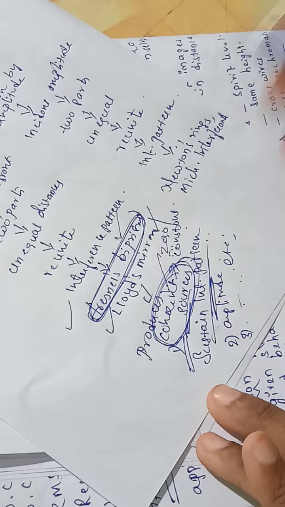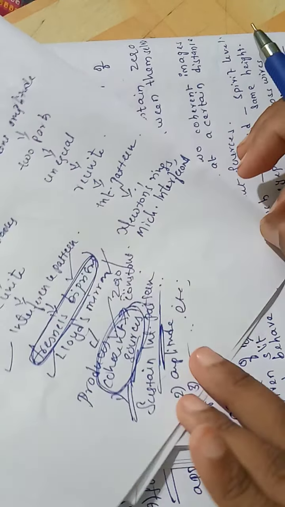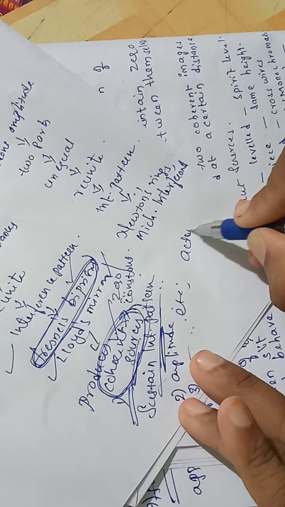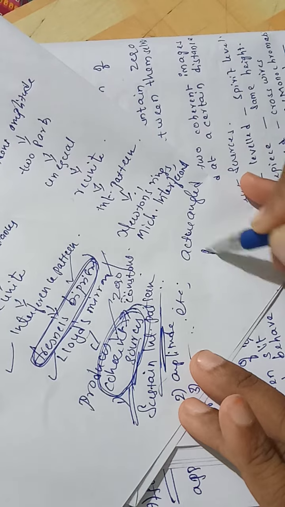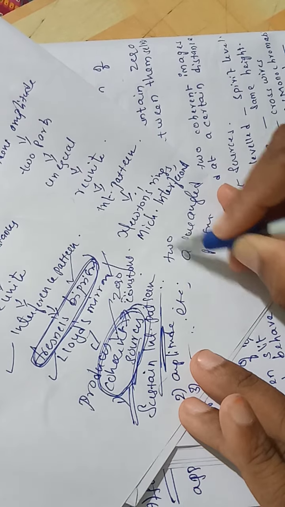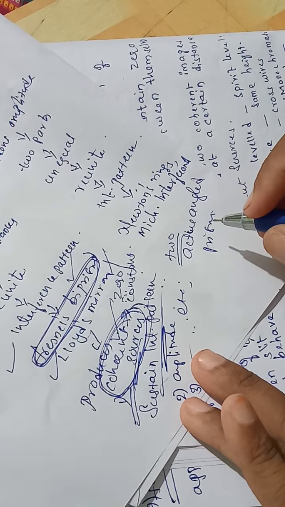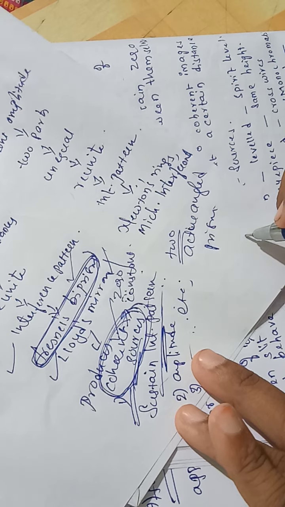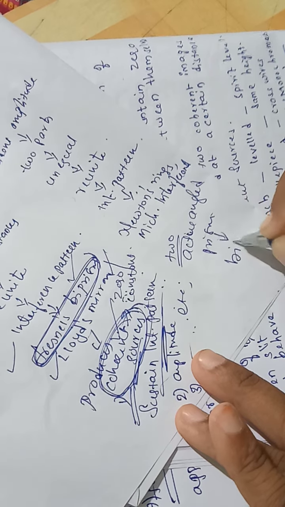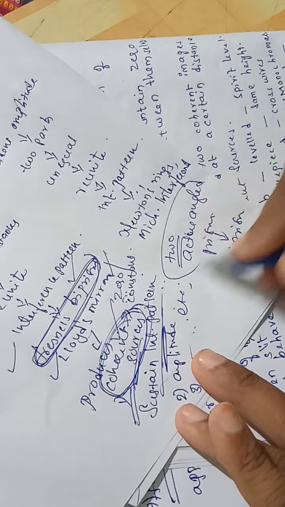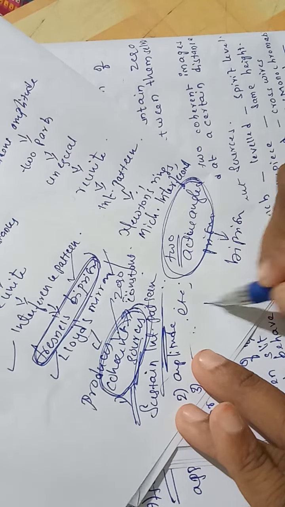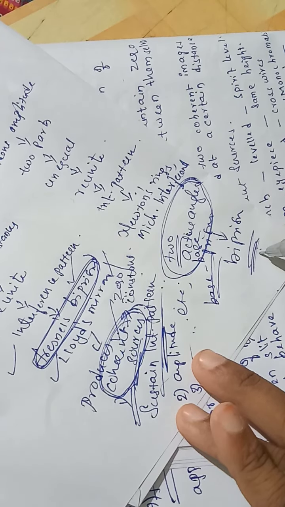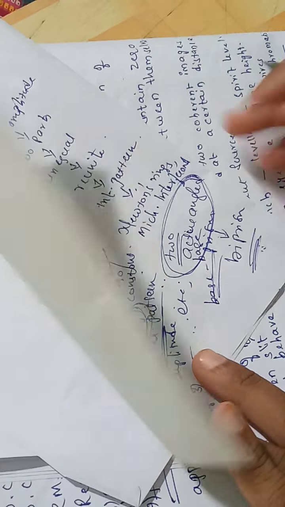For that we are using Fresnel's biprism. Fresnel's biprism is nothing but two acute angled prisms placed base to base so that we get a biprism.